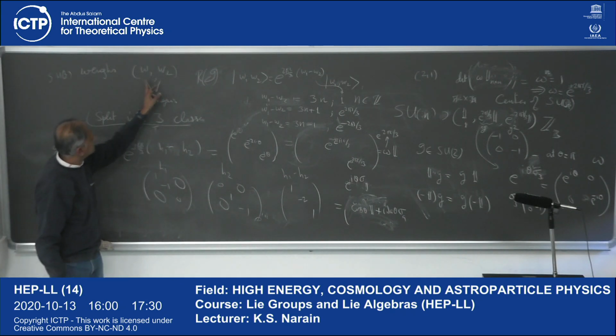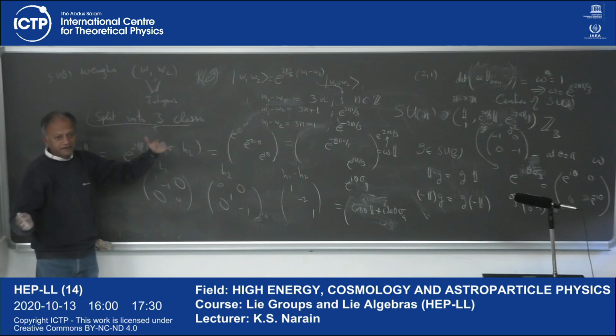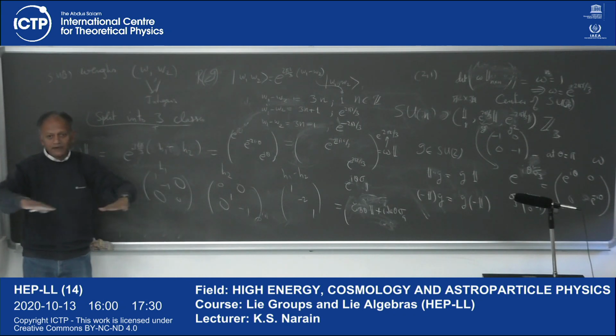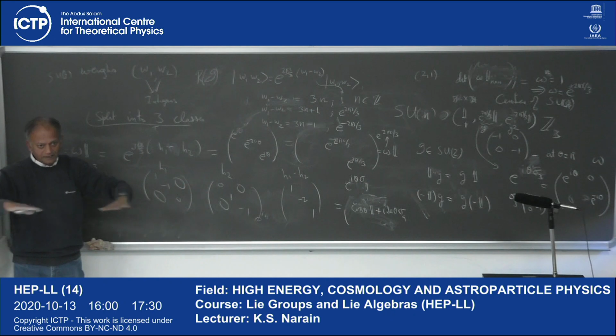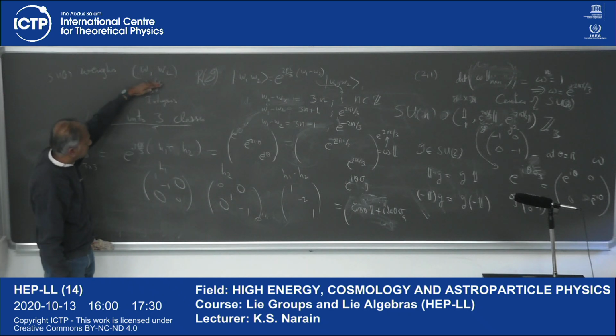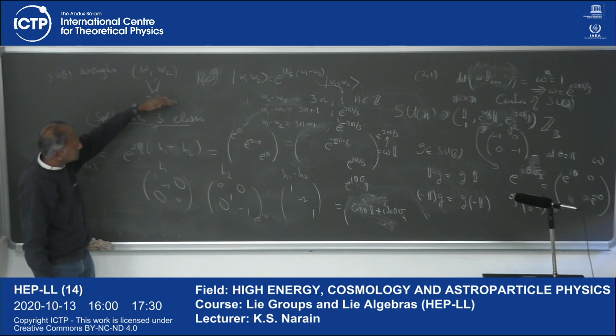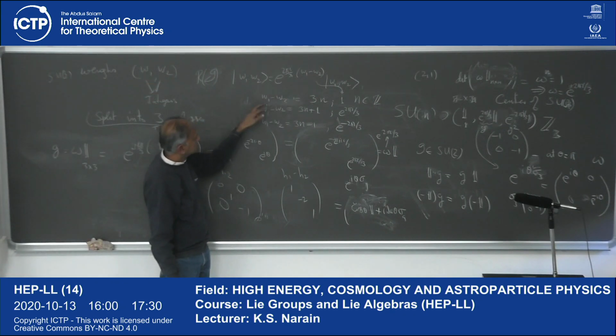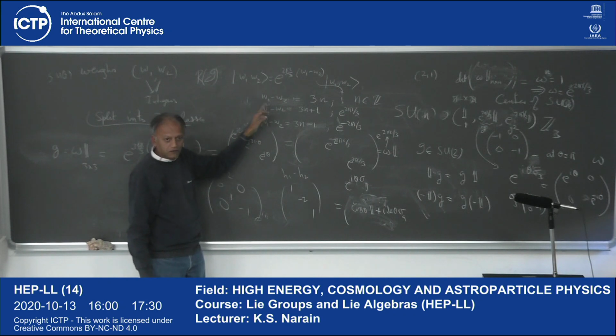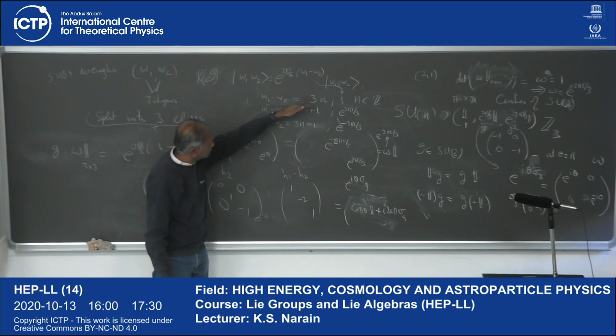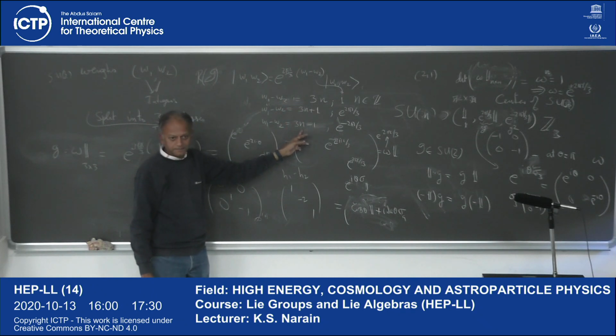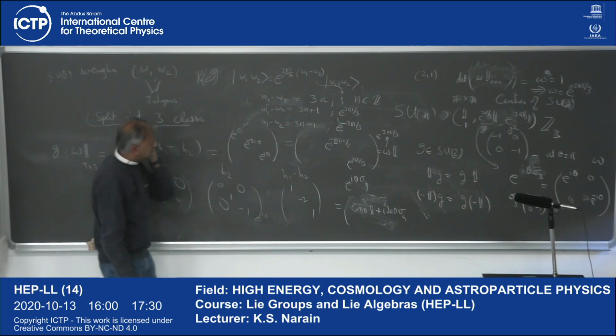So when W1 and W2 are arbitrary integers, they will span a two-dimensional lattice in the two-dimensional space which is dual to the Cartan subalgebra. And what we are seeing is that this two-dimensional lattice splits into 3 classes, subject to these conditions. If W1 minus W2 satisfies that, then it is in this class, otherwise this class or that class.